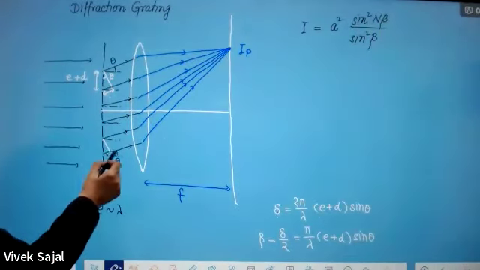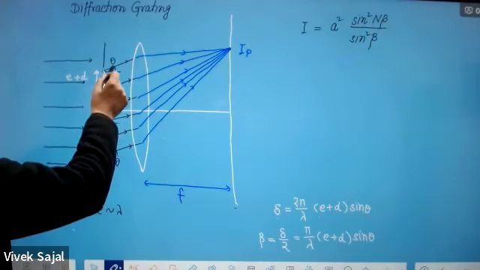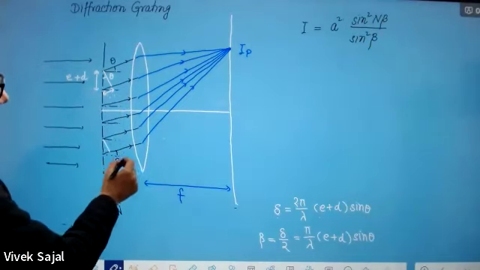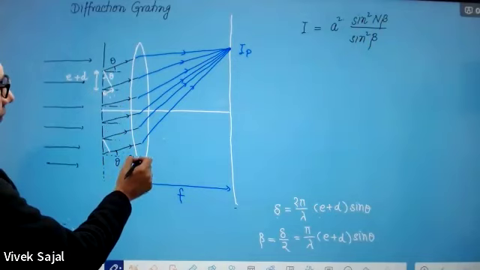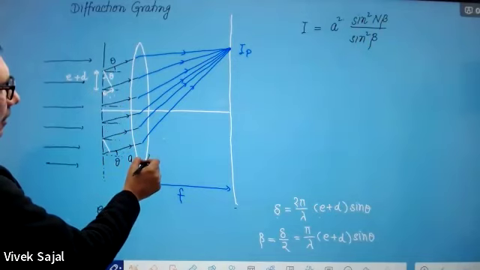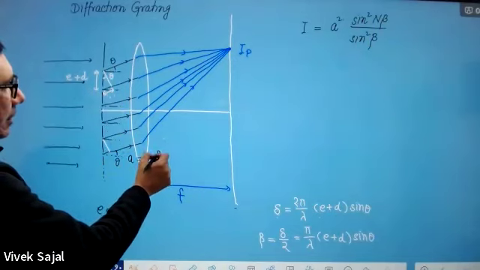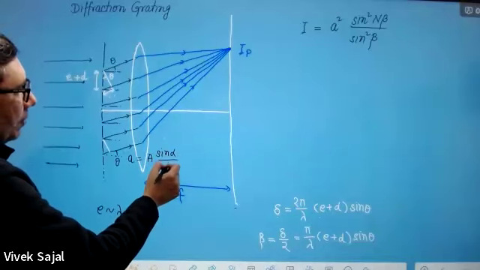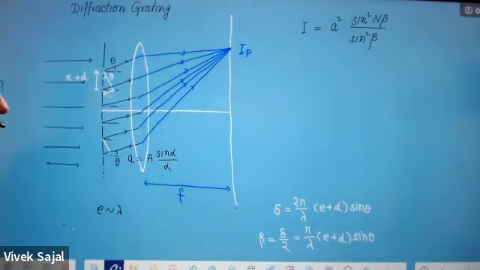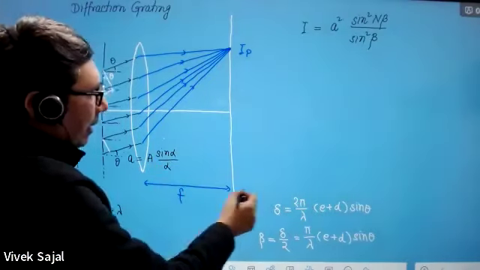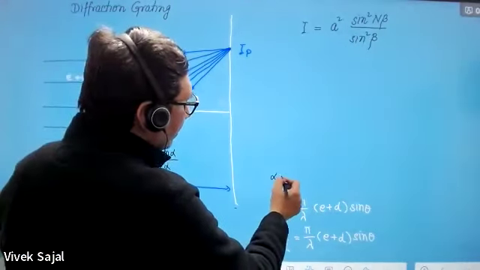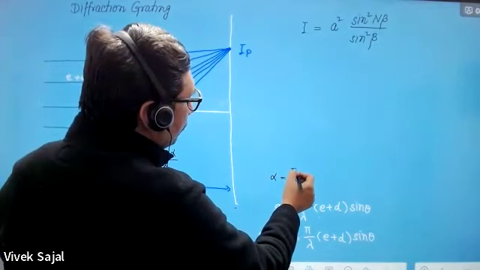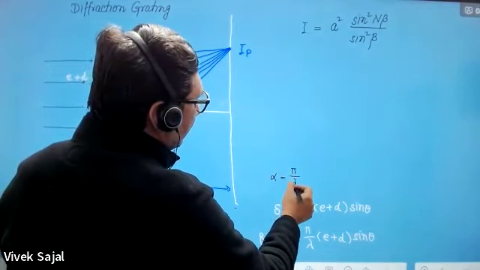Now what will be the amplitude A of each of these waves? What will be the amplitude here? The amplitude A of individual waves will be capital A sine alpha upon alpha. And what is alpha here? Alpha comes into the picture due to the diffraction at individual slits.